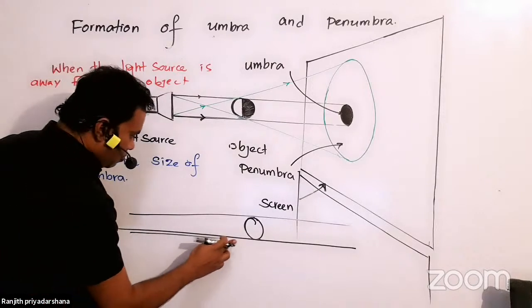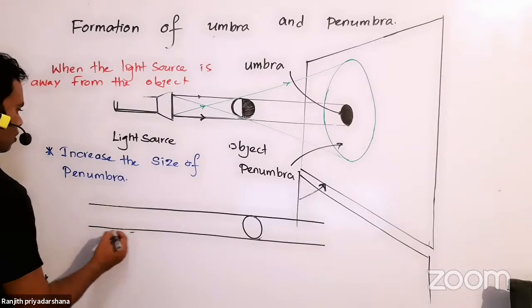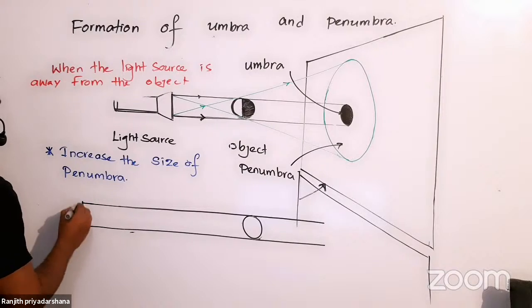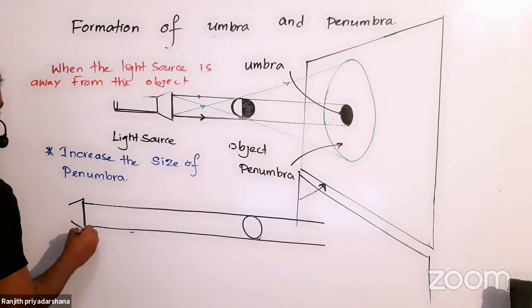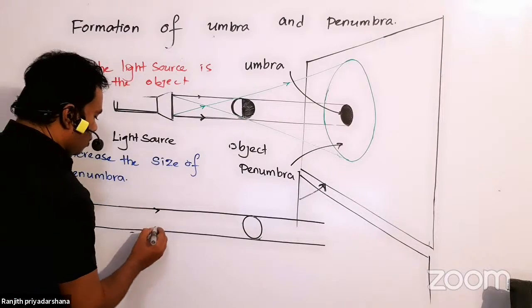What happens? We keep the torch somewhere around here. Two parallel light rays.